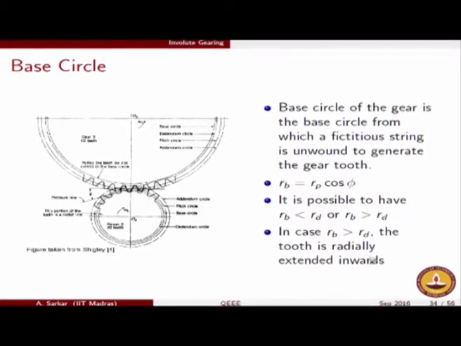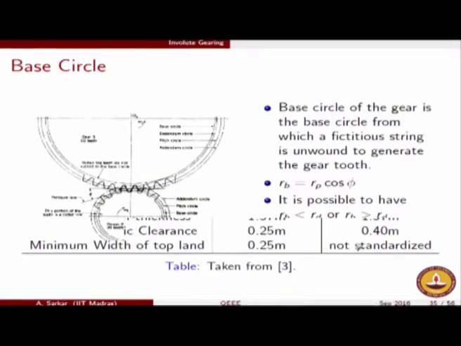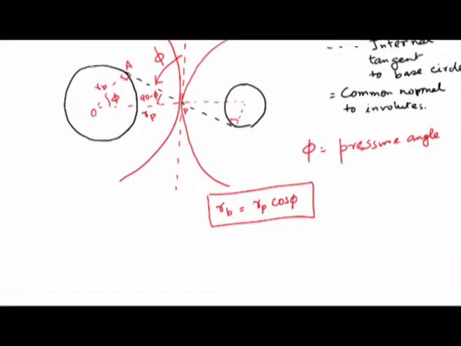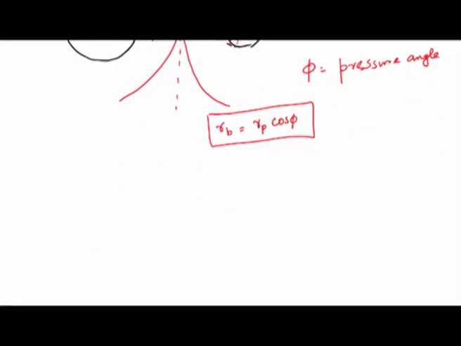So the issue of interference comes in the following manner. We understand the involute tooth profile. Let us say this is the base circle. The involute tooth profile can extend only outside of the base circle.